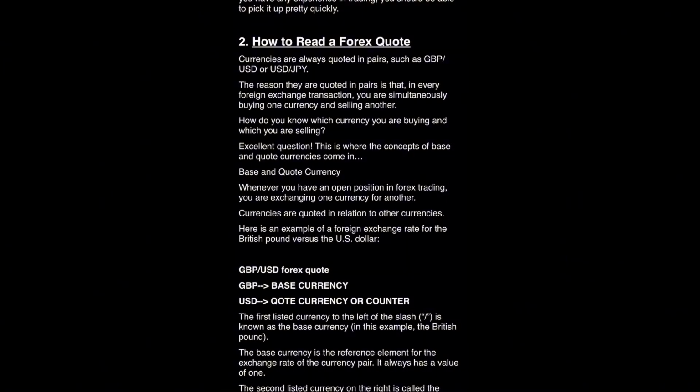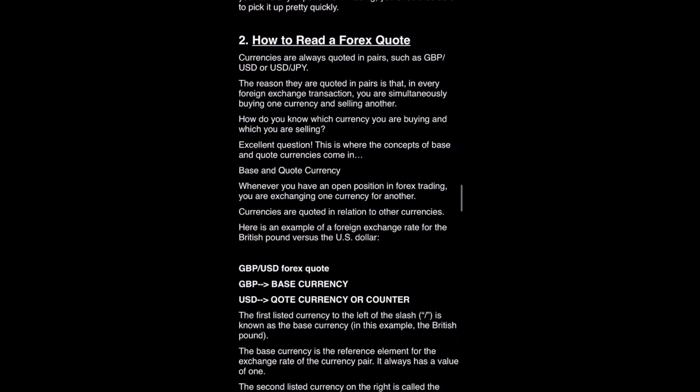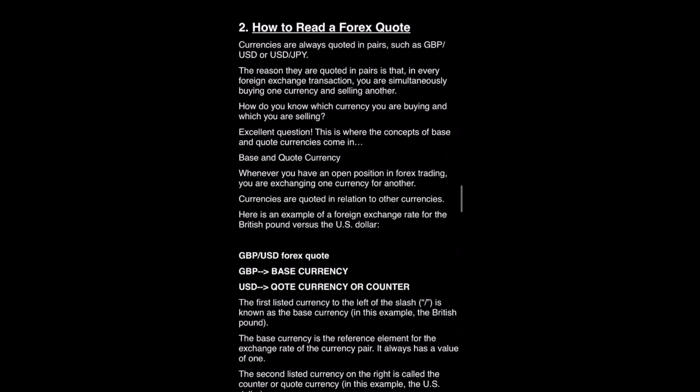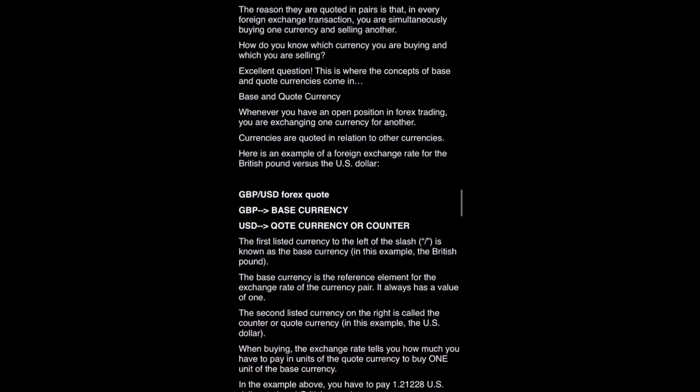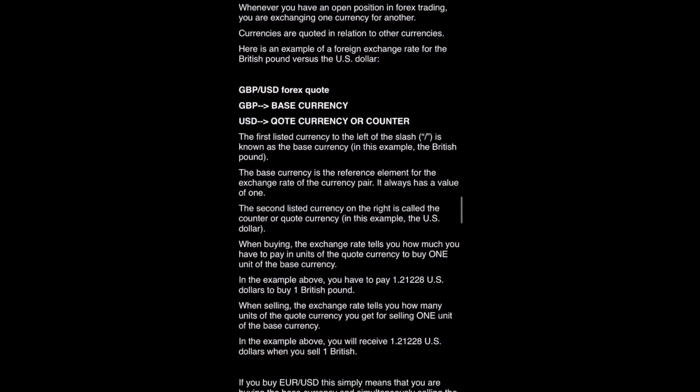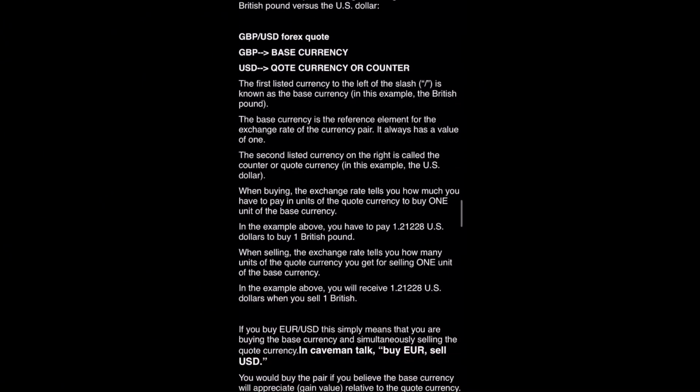Do you understand that? Now, as we read, the base currency is the reference element for the exchange rate of the currency pair. It always has a value of 1. The second listed currency on the right is called the counter or quote currency.